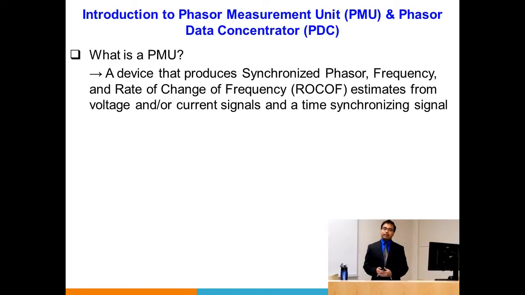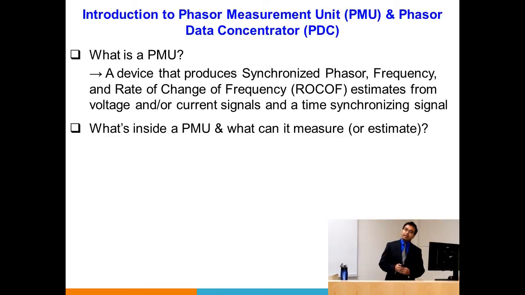Synchrophasors can mean voltage phasors and current phasors, which are time synchronized or time stamped, and it also produces frequency and rate of change of frequency, which we call ROCOF. These are estimated, and for the estimation we need the voltage and current signals, which are analog signals we can get from the CTs and PTs, and then we also need a time synchronizing signal which we can get from the GPS satellites through the GPS clock.